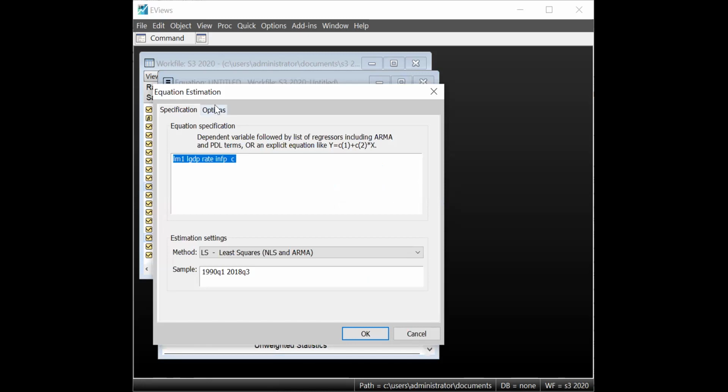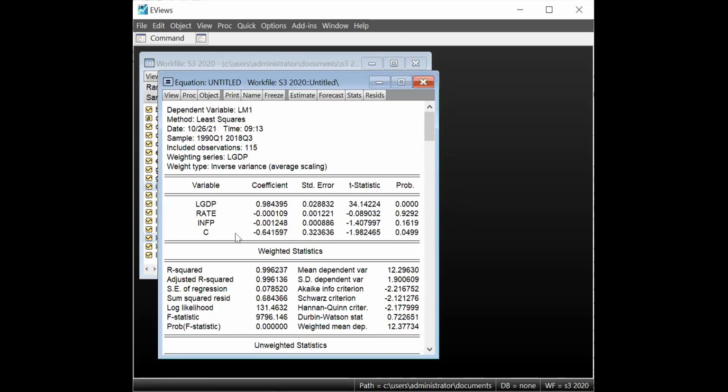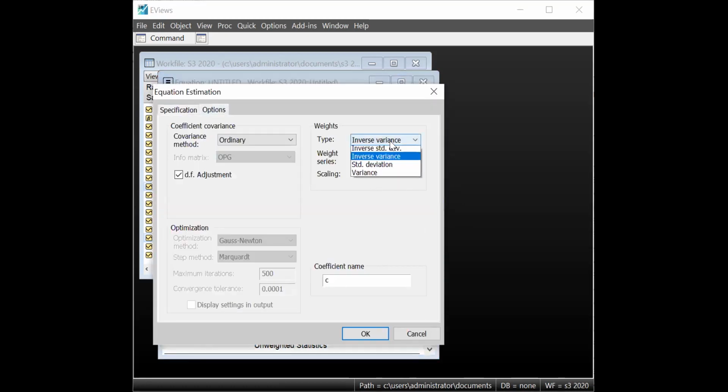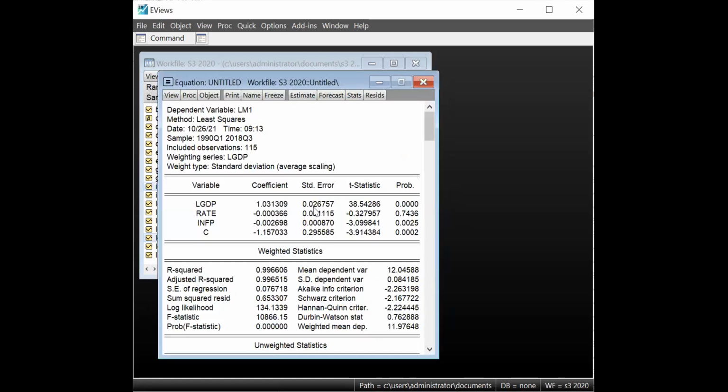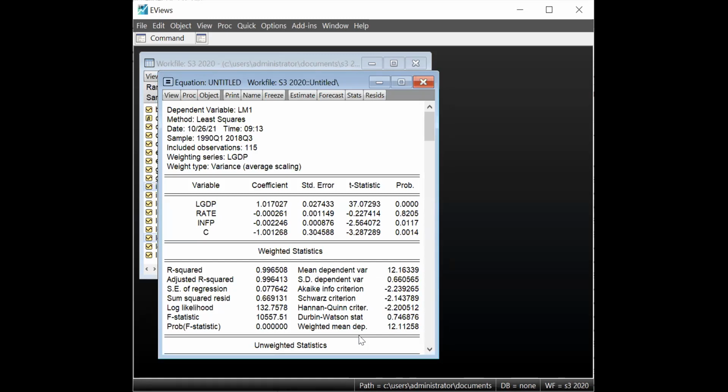So we change the option into inverse variance. Now it is almost the same. First we change again into the standard deviation model, like the previous one. Now this negative significant is the worst one. Okay, it's not good.